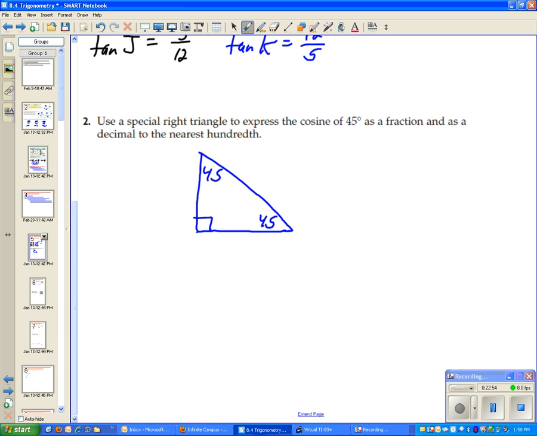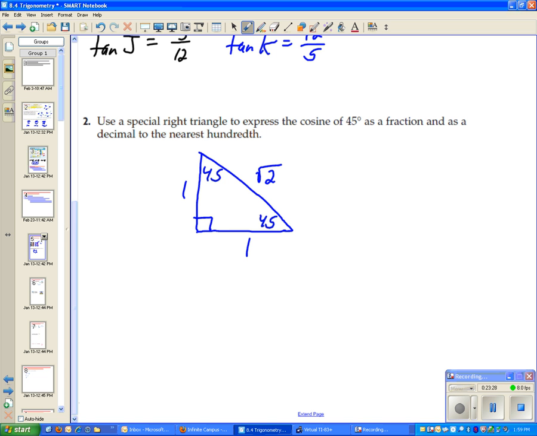I could make up just the most horrific number in the world, like 7 million something over 20 trillion something. Or I could just make them 1. 1's pretty easy to work with, right? So if each leg is 1, and they are equal, I'm good there. What's the length of the hypotenuse have to be? Leg times square root of 2, 1 times square root of 2 is the square root of 2.